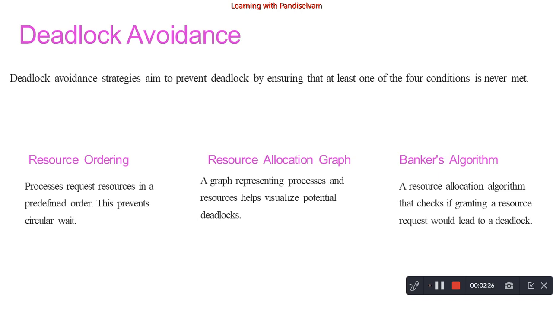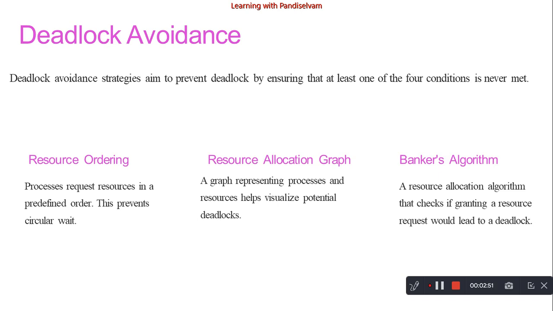Resource allocation graph is a pictorial representation of the resources, a visualization of potential deadlock. Banker's algorithm is a resource allocation algorithm that checks whether granting a resource request would lead to a deadlock or not. Simply, Banker's algorithm is a combination of the resource allocation algorithm and the safety algorithm.